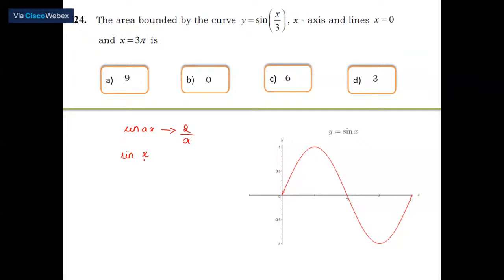Nikita, your answer is correct. Good. Sine of x by 3.